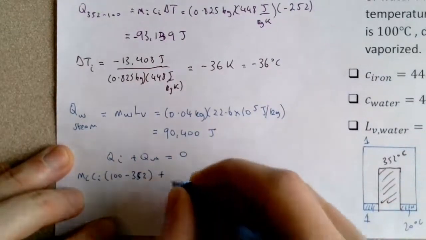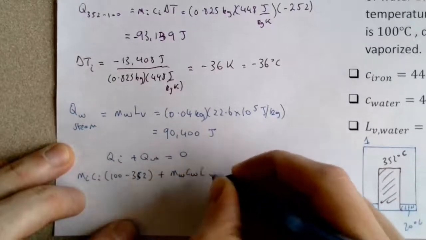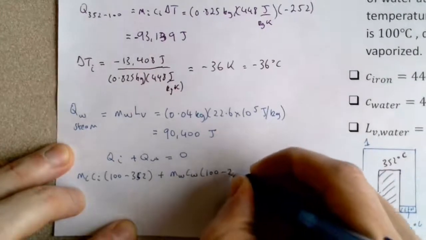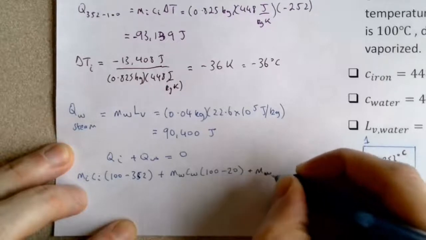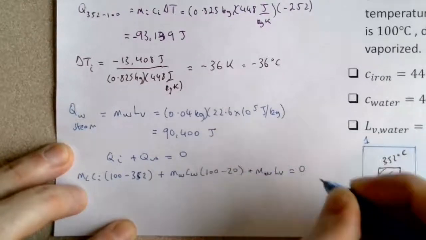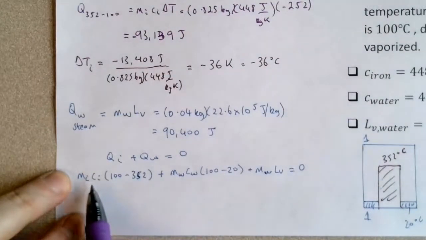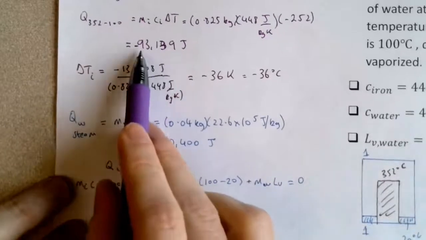The water goes through two different stages. First, we have to heat up the mass of the water, the seawater. Its final, in the liquid state, is 100. Its initial temperature is 20, plus the mass of the water times the latent heat of vaporization, all equals 0. Now, what we do know is that this number, to get the iron block from 352 down to 100, that's this number up here.